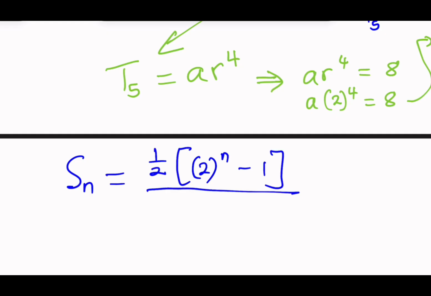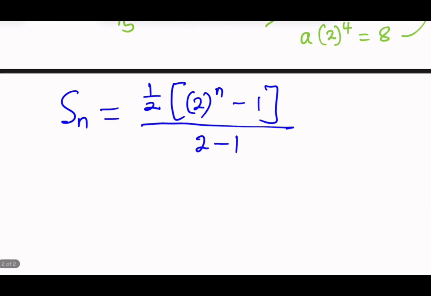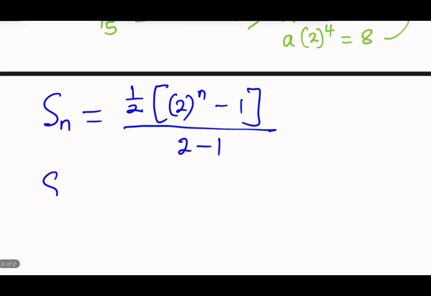I'll let them stay there. And I've got 2 minus 1 because R is 2. And I can simplify that quickly. This is just Sn is the same thing as a half bracket 2 to the power n minus 1. Okay. And that is the expression for Sn in terms of n.